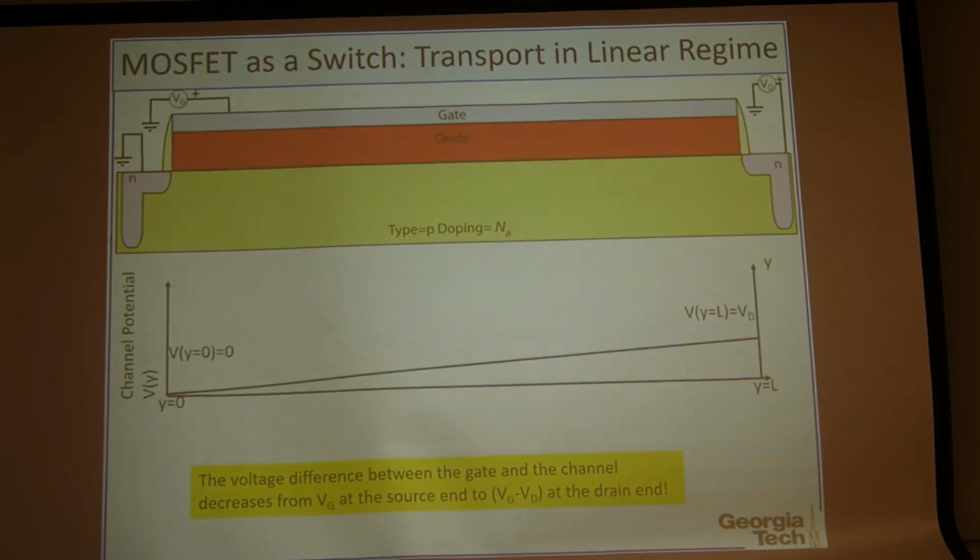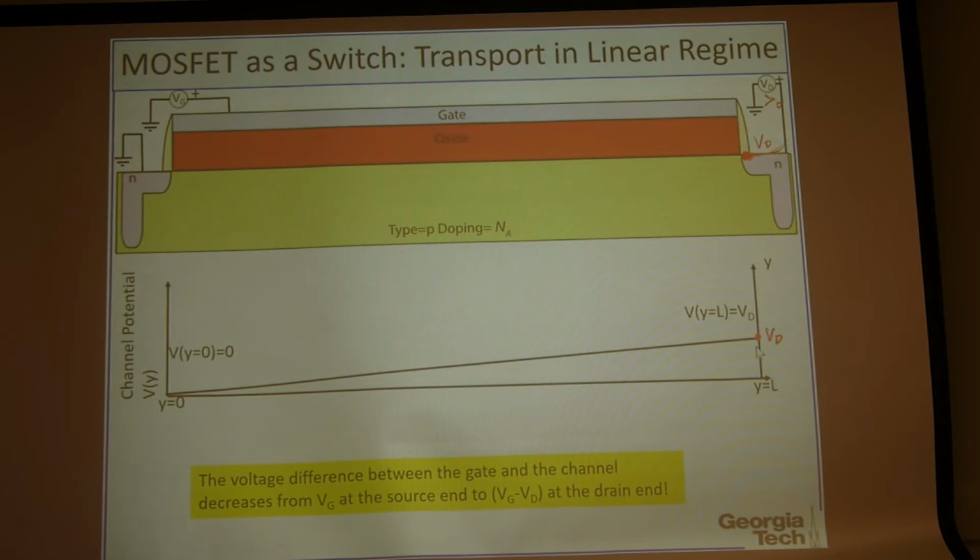First, we need to think about when we apply the drain voltage here. Because only when you apply the drain voltage, you will have the current. So if we apply drain voltage there, then this voltage VD, let's say, is applied to here. This is a contact. So let's say you have the voltage here, VD.